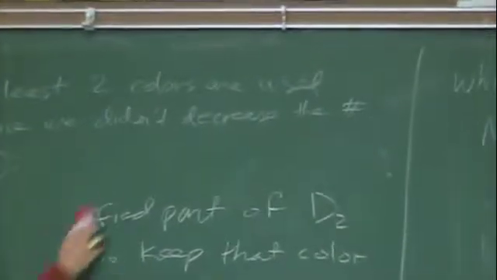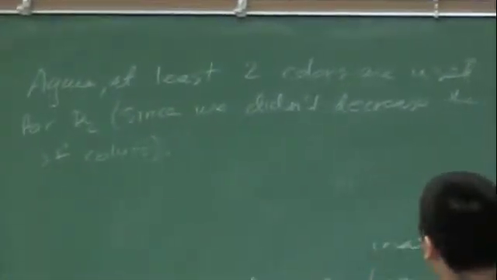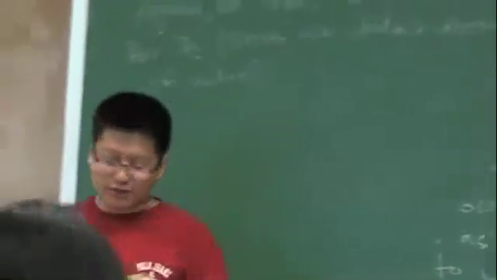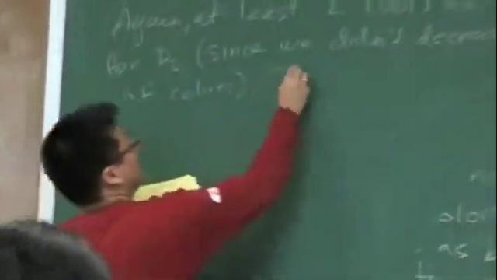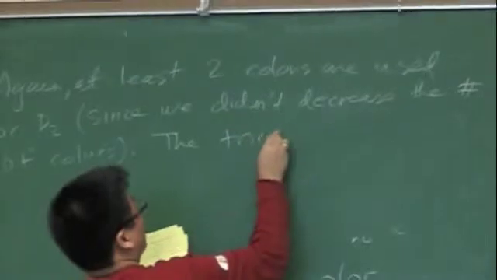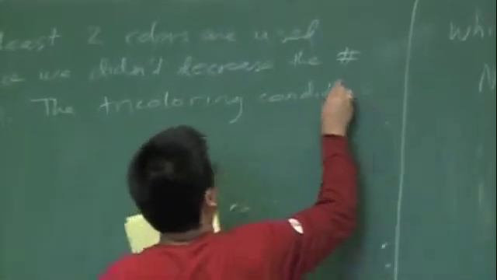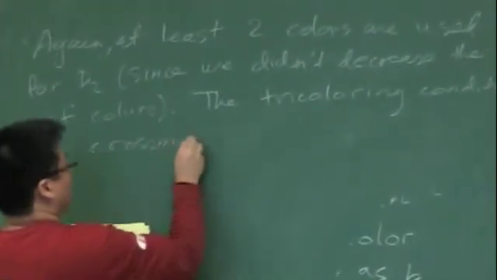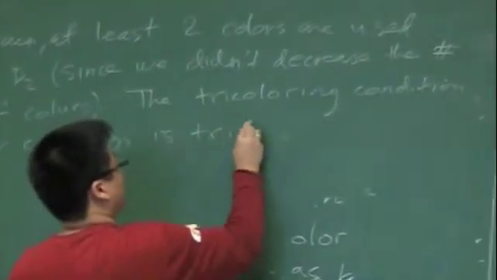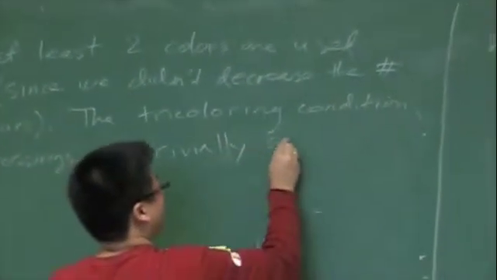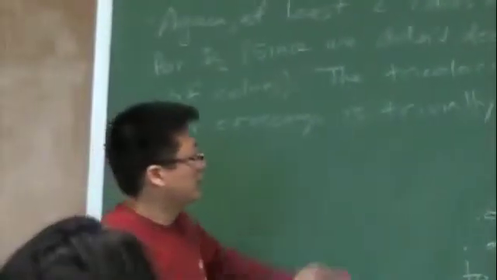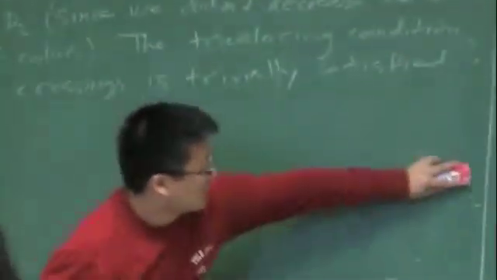And now I'll say something that will be useful as a terminology thing. So the tricoloring condition for crossings is trivially satisfied. What does that mean? It's just really obvious from the way we did it. So we didn't really have to do any work there.